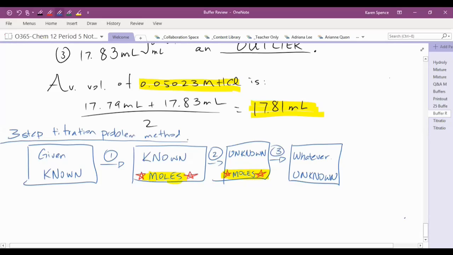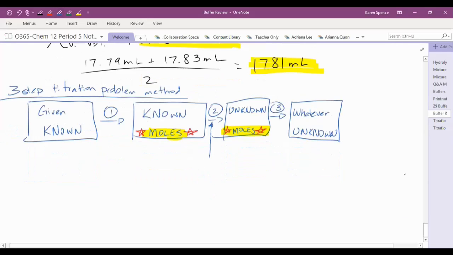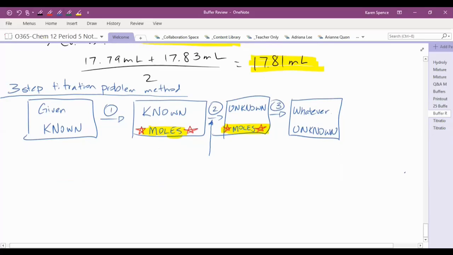Okay, what do we always use for step number 2 to go from moles of the known to moles of the unknown? Yeah, the stoich ratio. Okay, so that is the stoich ratio. What is the stoich ratio? Where do we find it?